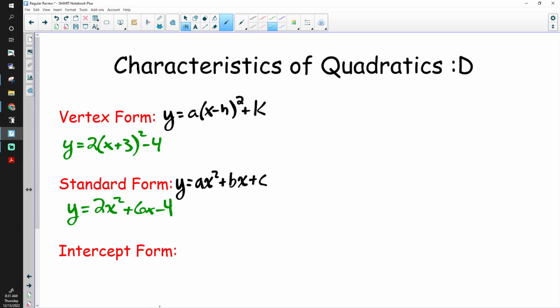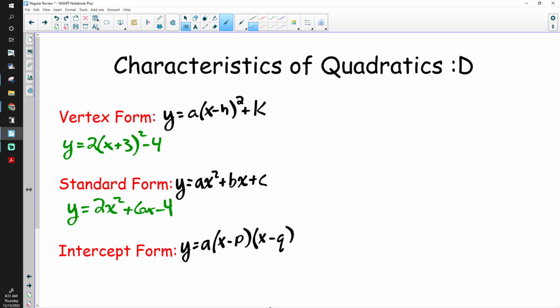And last but not least is intercept form. This is also factored form. So it looks just like when we factor a quadratic and we have our 2 sets of parentheses. It's called intercept form, but we call it factored form a lot. Y equals A times x minus p times x minus q. There's that p and q from factoring.